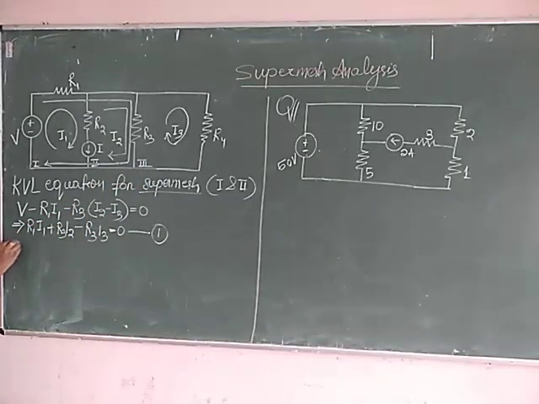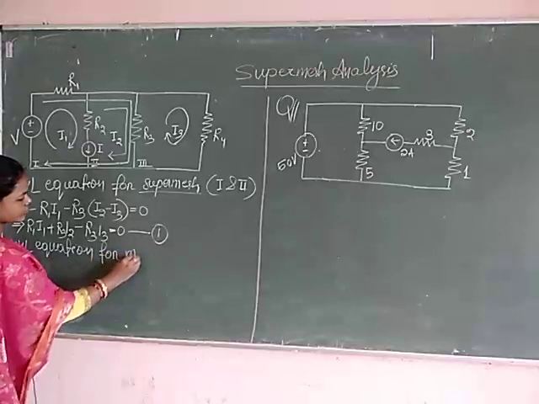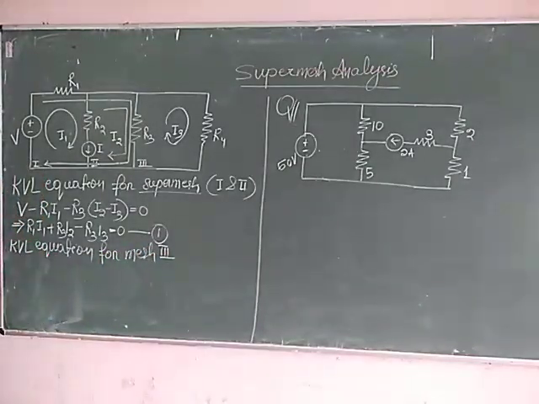You write the KVL equation for mesh 3. What is the KVL equation? Here mesh 3 consists of R3 and R4, meaning two voltage drops are there.